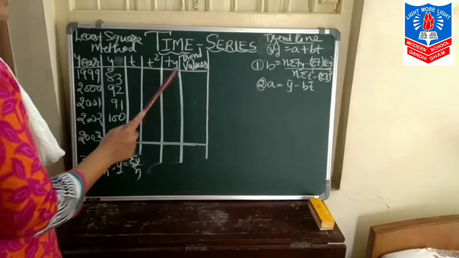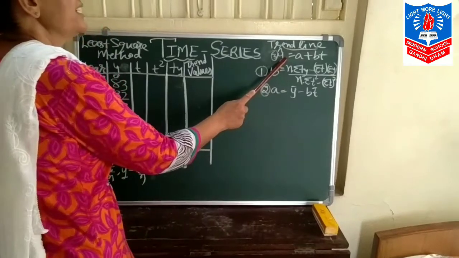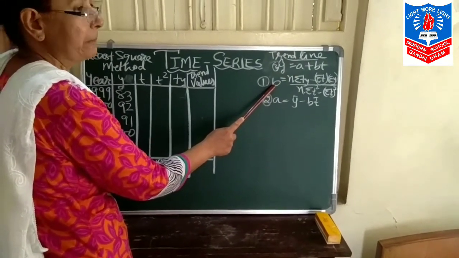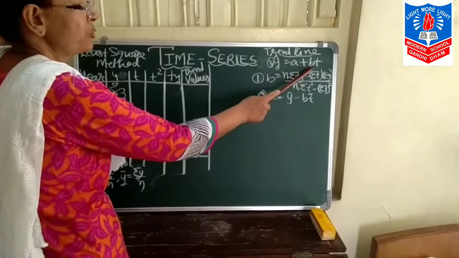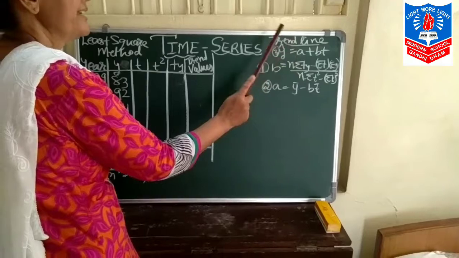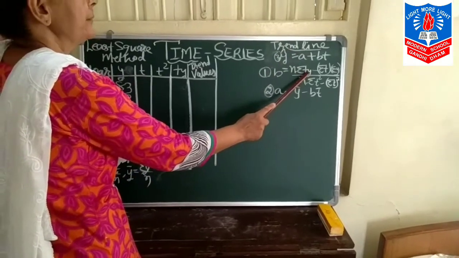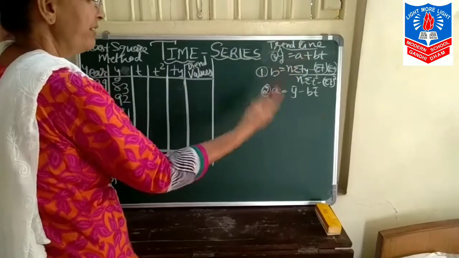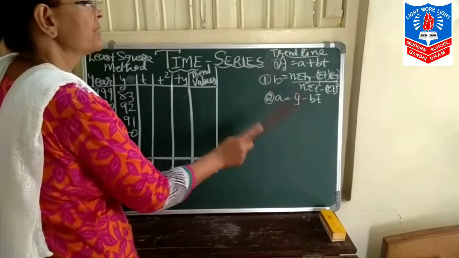Important is, like in the regression chapter, first we find a and b, these two values. From that we will find first b. The formula is the same, only in place of x in regression, here it is t. This is the only difference.